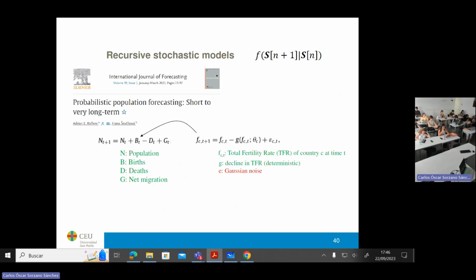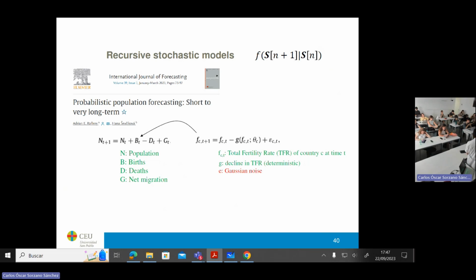This will be the same as the year before, minus something, a decline that they have chosen to be deterministic, plus some noise. I cannot predict exactly what the fertility rate will be this year, so I put some random noise in there. Now if I let the system evolve, I will not have a deterministic path. What I have is a random path.